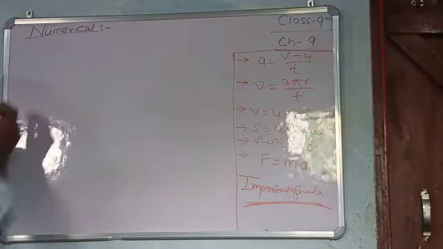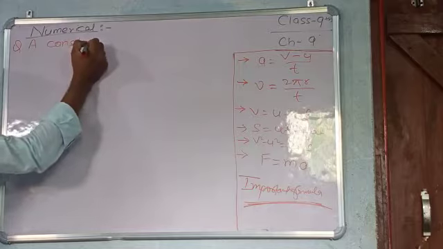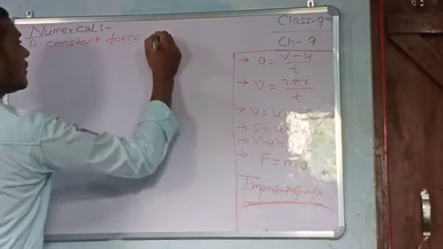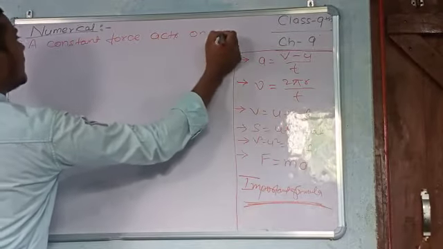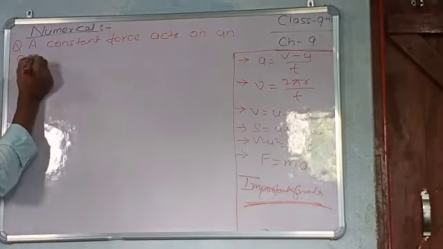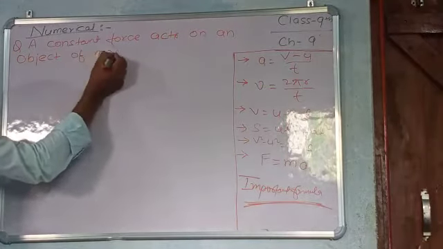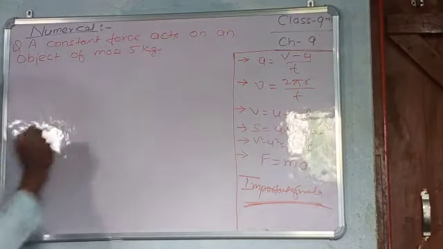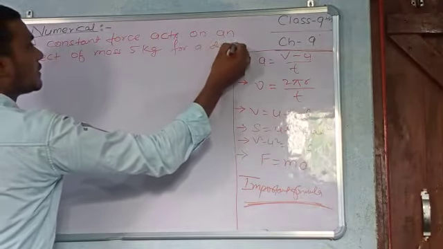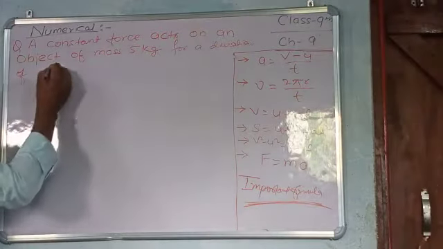Question is: a constant force acts on an object of mass 5 kg for a duration of 2 seconds.